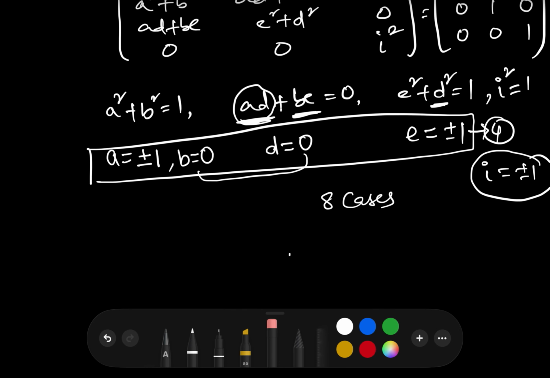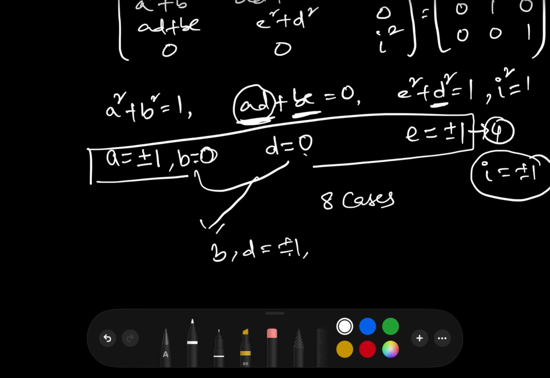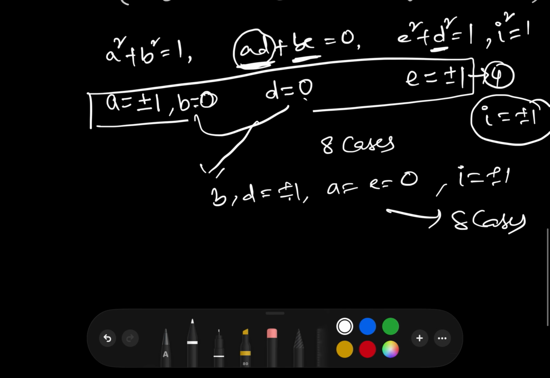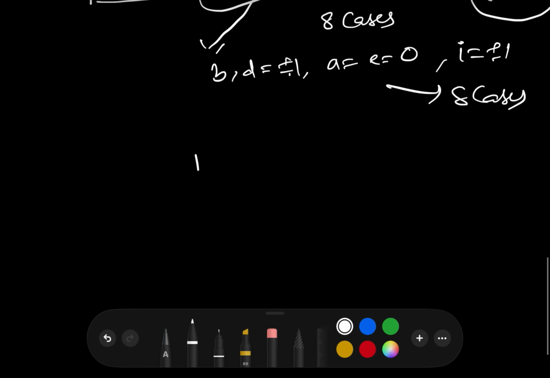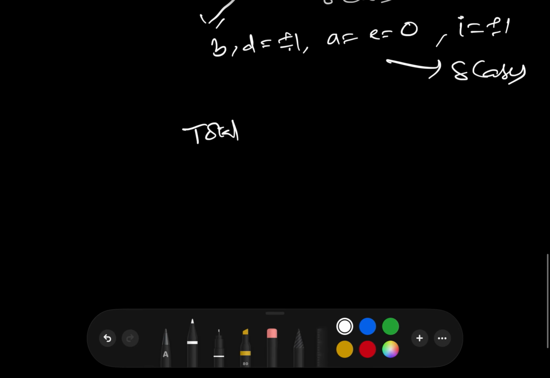And in the rest of the cases, B and D will become plus or minus 1, A and E will become 0, I equal to plus or minus 1. Here we have total 8 cases. So in case 1, total 8 possibilities, case 2, total 8 possibilities. So total invertible matrices Q is equal to 16.